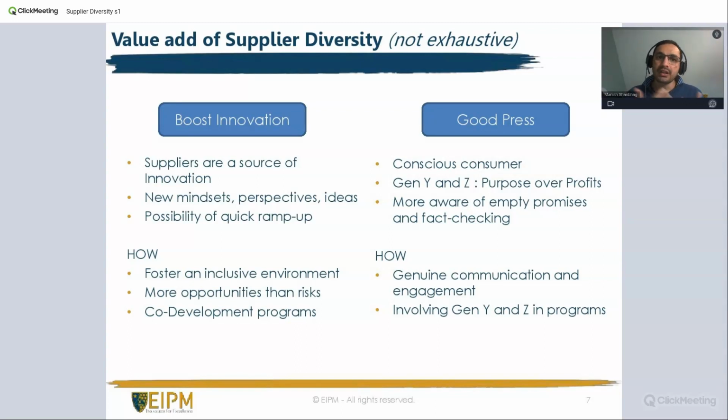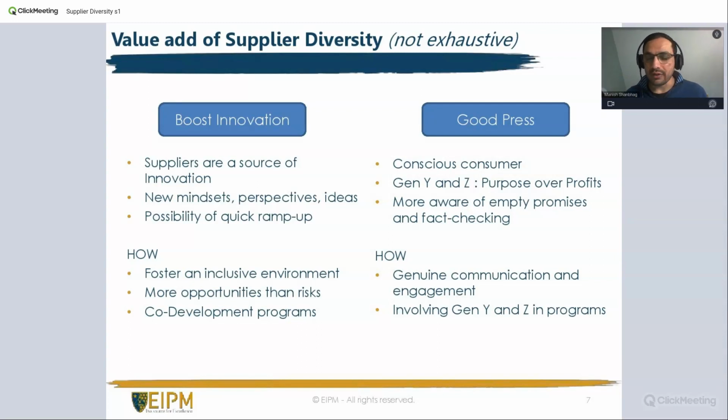As a buyer, you can get access to innovation, and as a seller, you have a channel or an avenue to sell your innovation. Okay, so that's the first part. It does boost innovation. There are plenty of examples. I wouldn't go through all these examples. There are plenty of examples where the diverse group of suppliers has brought in innovation that the company had no access previously to. Okay, how do you do it?